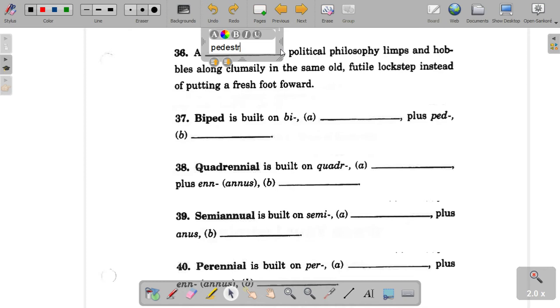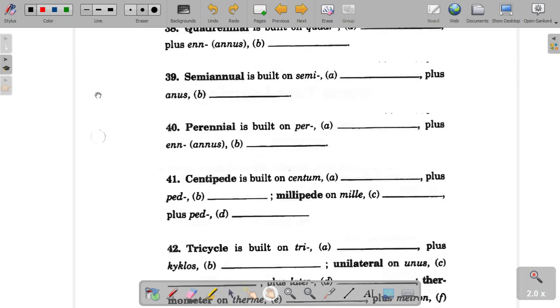Pedestrian. Right, yeah, pedestrian. So it could either be referring to a person who's on foot, or it could be referring to something that is used too much, kind of cliche, that type of thing. So we'll skip some of these because I think you're pretty good with most of these words.